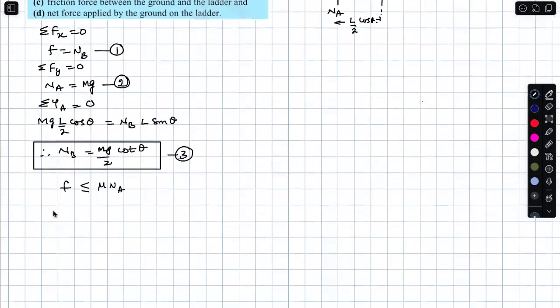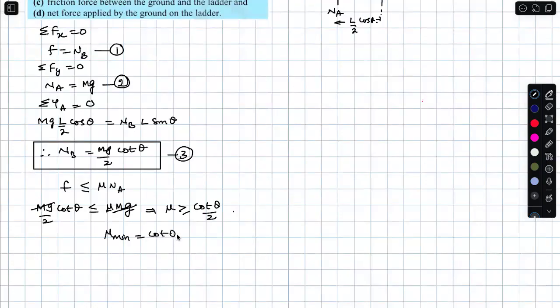F is NB, which is nothing but mg by 2 cot theta, less than or equal to mu NA. NA is mg. Strike off this. So therefore mu must be greater than or equal to cot theta by 2. So mu minimum required in this situation is cot theta by 2.